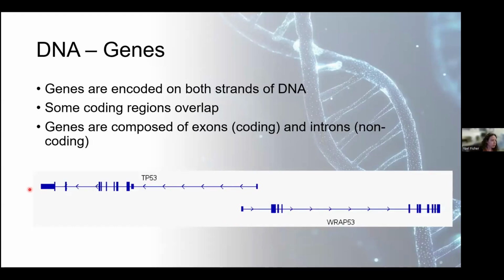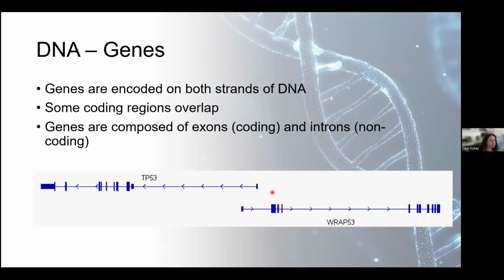Now, just to show you this form of writing to explain it, this is the whole TP53 gene. The plain line is the introns, and each of the thickenings is the exons. When it's in the thickest width, these are the coding exons, and when it's in between, it's non-coding exons.